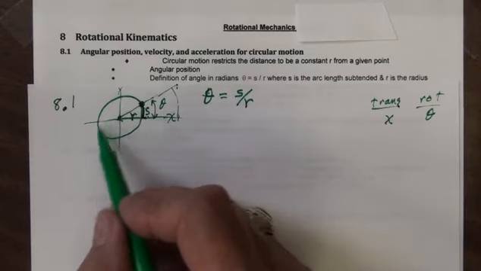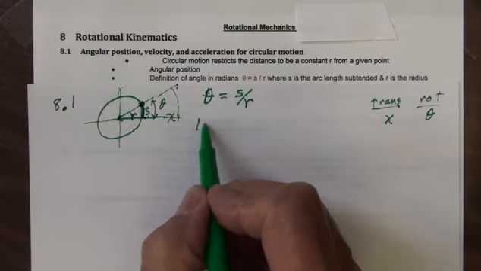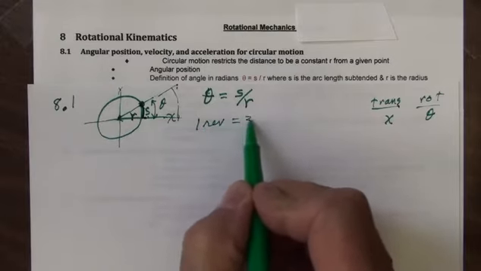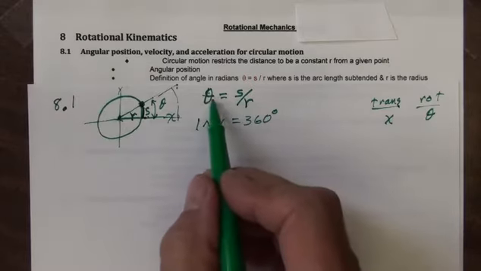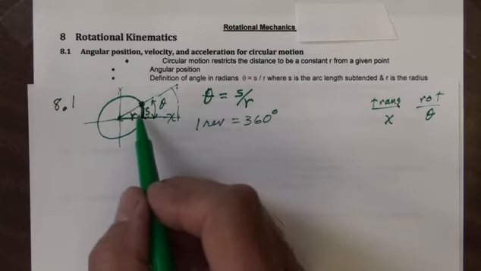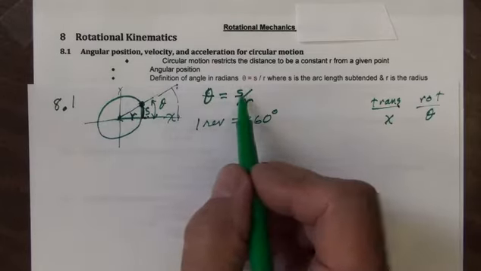Now if I go all the way around the circle, then you know that that would be a theta of 1 revolution. And 1 revolution is 360 degrees. Well, what would it be in this case, measuring with this new method of measuring the angle? The answer is, if I go all the way around, then s becomes the circumference.